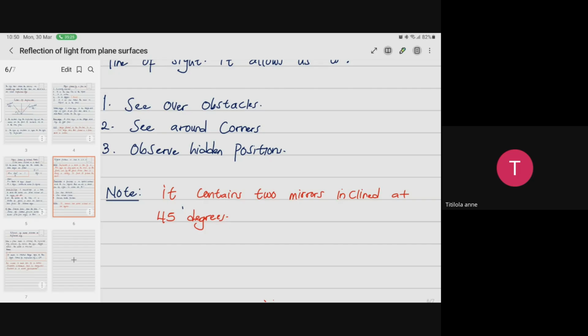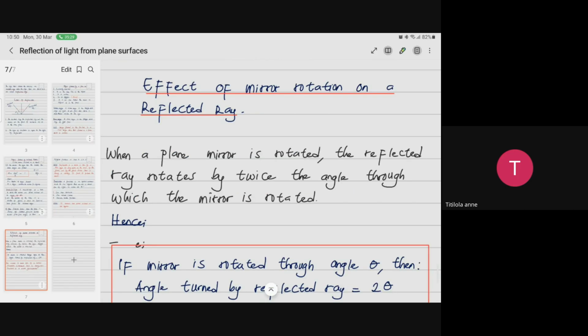At 45 degrees. Now, what is the effect of rotating a mirror on the reflected ray? What happens when we rotate our mirror? What happens to the reflected ray? Now, when a plane mirror is rotated, right, the reflected ray rotates by twice the angle through which the mirror was rotated. Do you understand now?